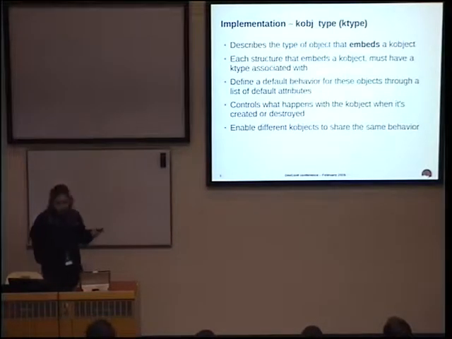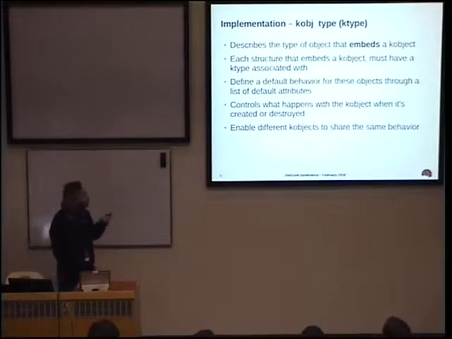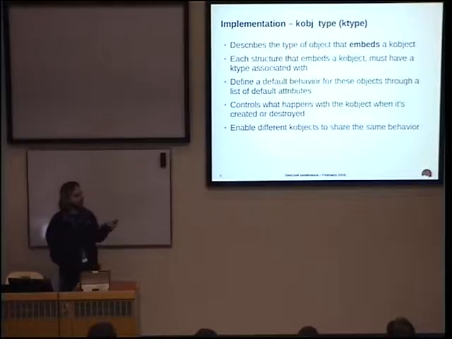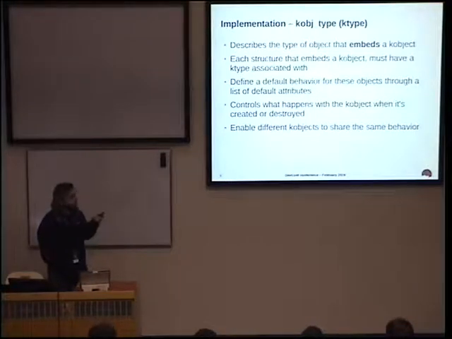So the KTypes. The function of KTypes is to describe the objects that embed a KObject. So, for example, we have the character device.